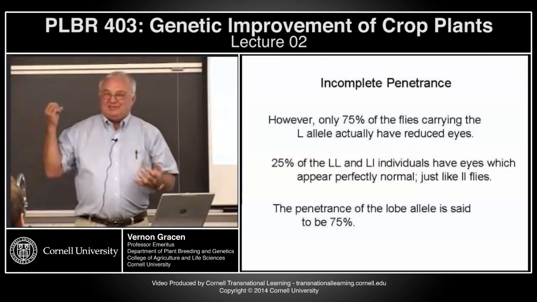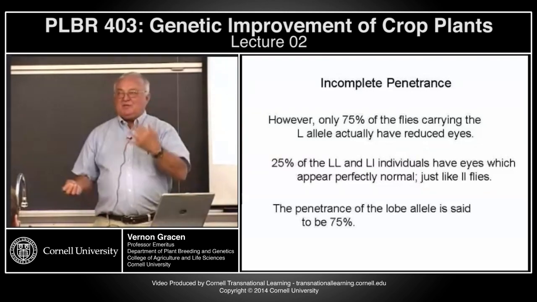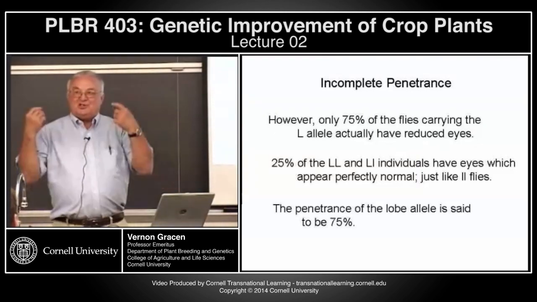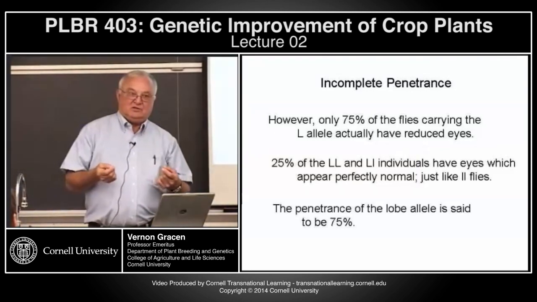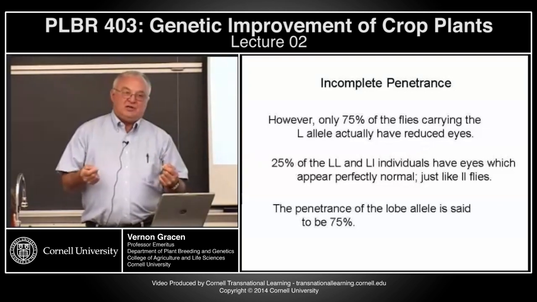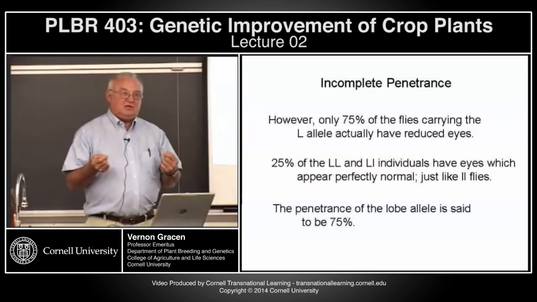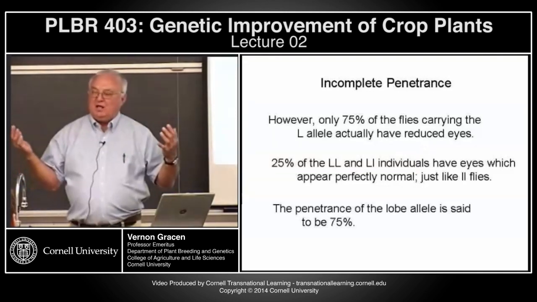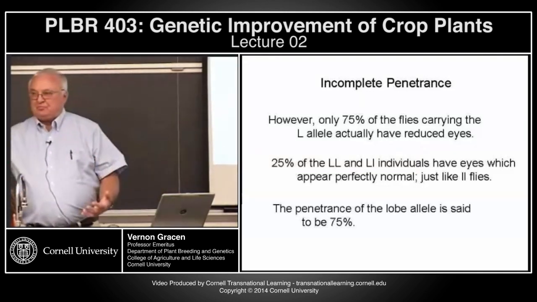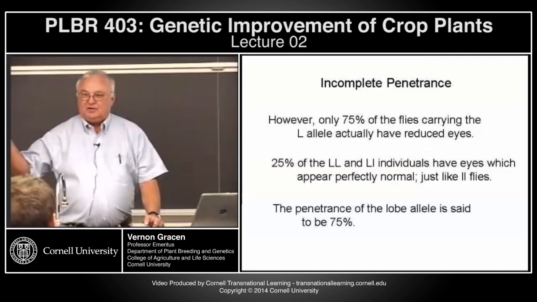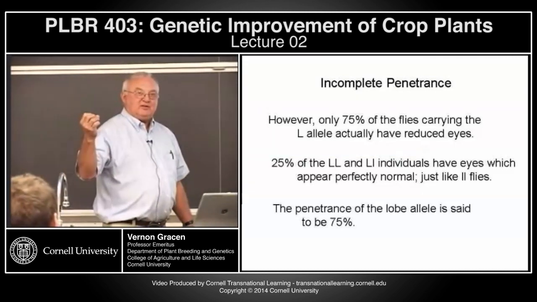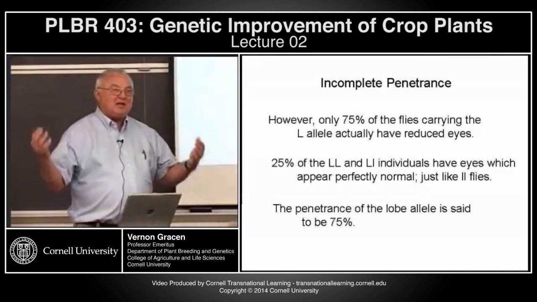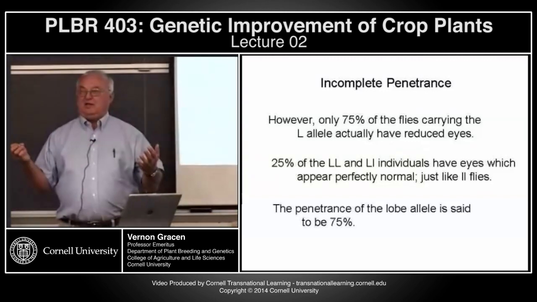And so there's no obvious environmental impact. It's just this gene, the gene that controlled lobed eyes, doesn't work in all individuals. How can that be? I mean, someday somebody's going to step right up and give me a nice molecular explanation for that.